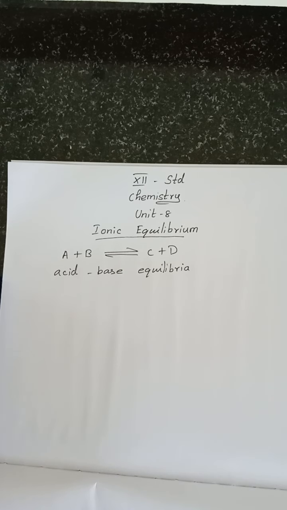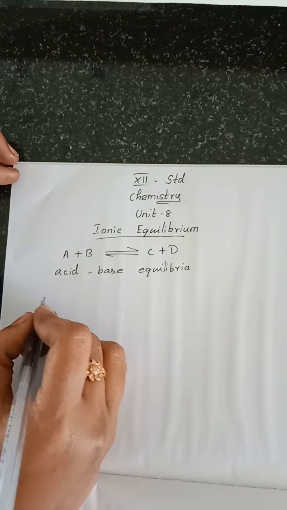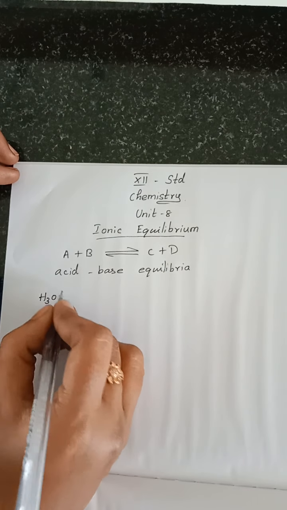For example, in our human body, the hydronium ion reacts with the bicarbonate buffer solution to form carbonic acid. The hydronium ion formula is H3O plus.